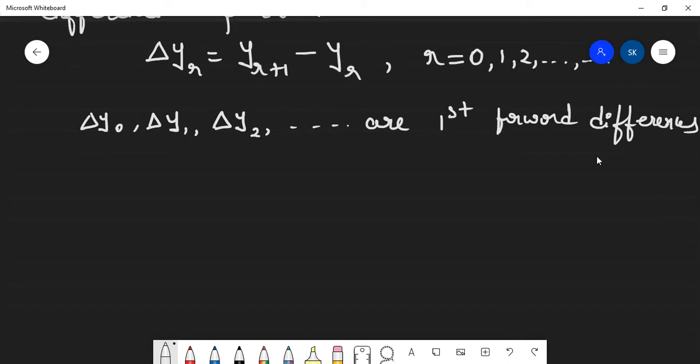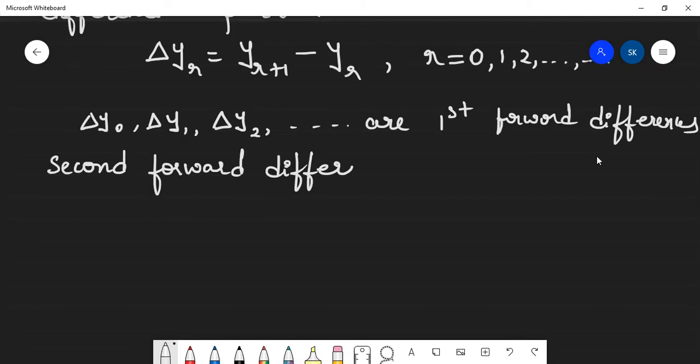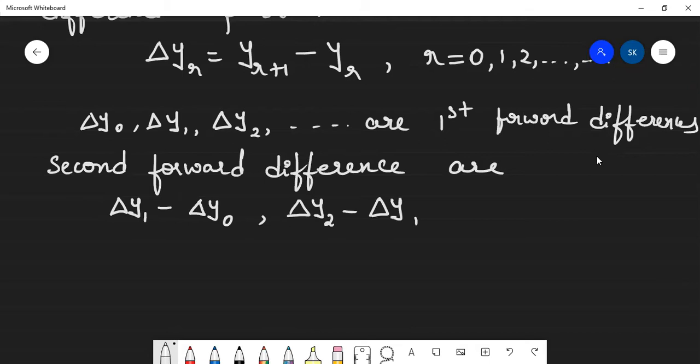Right? So second forward differences are, how to write second forward differences? Delta y1 minus delta y0, delta y2 minus delta y1, and so on.